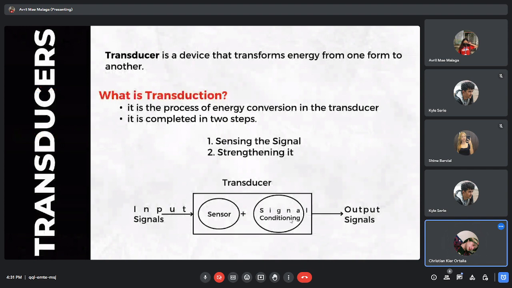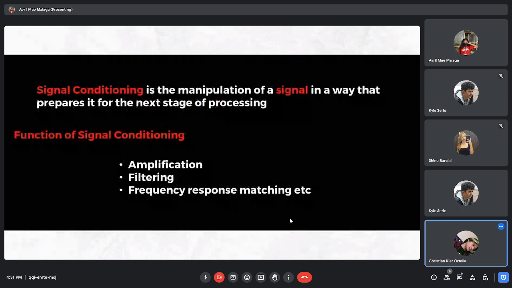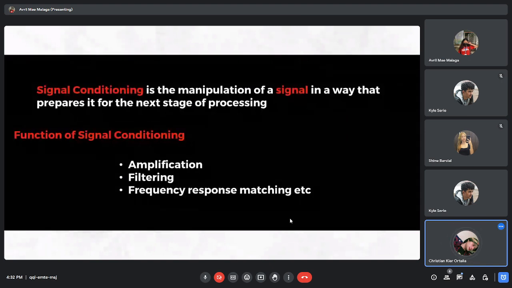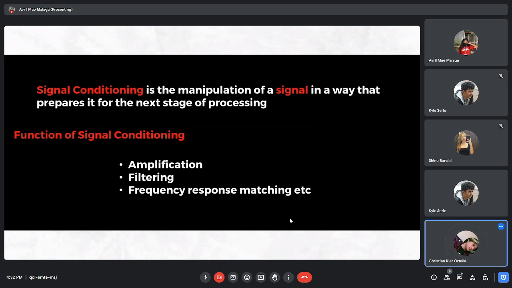What is signal conditioning? Signal conditioning is the manipulation of a signal in a way that prepares it for the next stage of processing. In the diagram we discussed earlier, the sensor detects and converts the physical quantity into an electrical quantity.